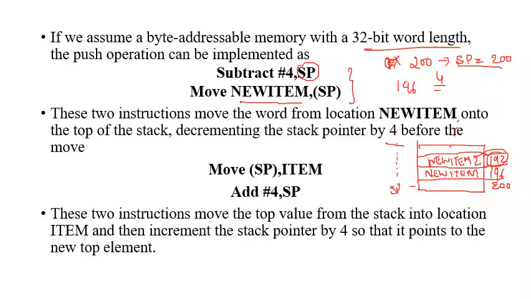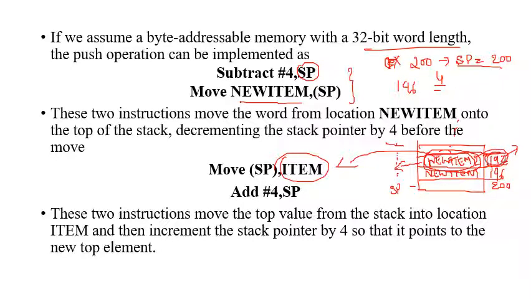So you need to retrieve the data back. The new item is stored back in one particular register, that is item. So the data that you pushed in the name of new item is retrieved back in the name of item in the program. After doing that, this memory location becomes empty.